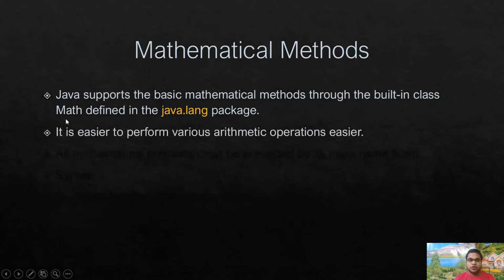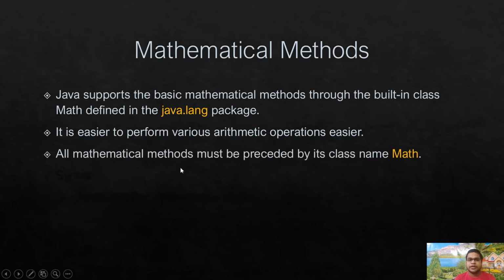It makes it easier to perform various arithmetic operations. Inside the Math class there are various functionalities through which we can calculate and give the output. All the mathematical methods must be preceded by the class name, that is Math.